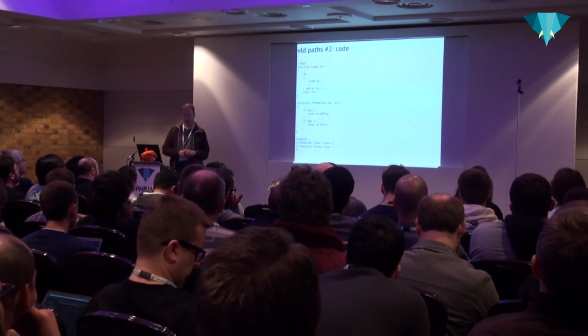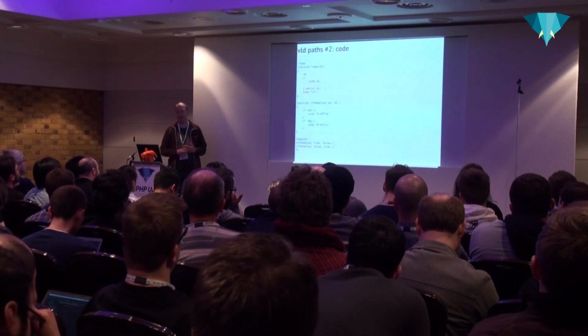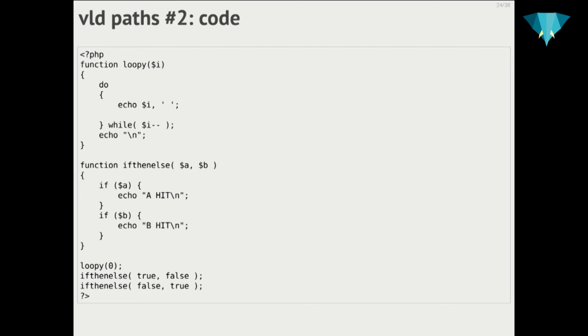Let me illustrate what I just said about code coverage with a slightly simpler example. I have two functions here, a function called loopy and a function called if_then_else. I'm forgetting the loopy code. If I call if_then_else first with true and then with false, and then secondly with false and then with true, what will this show for the code coverage of the if_then_else method? You expect it to show every single line, right?